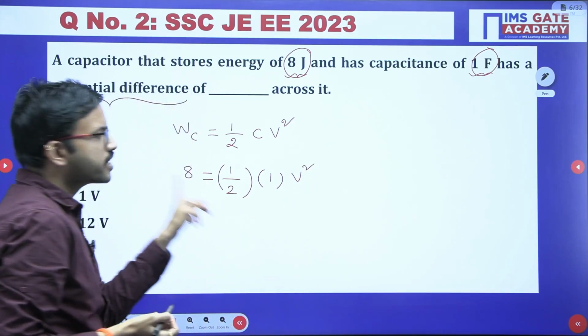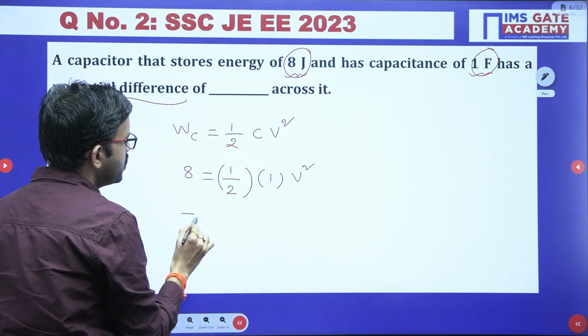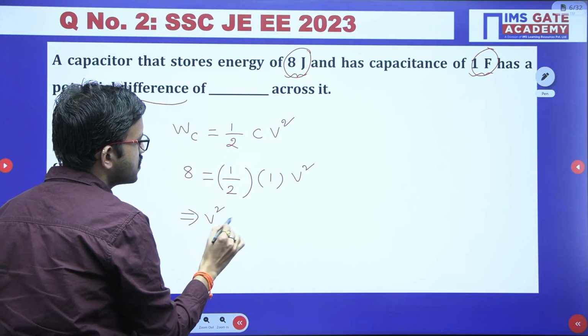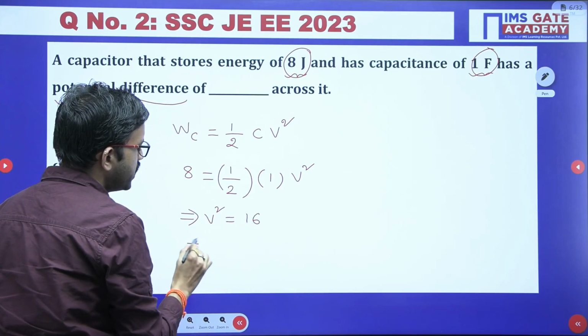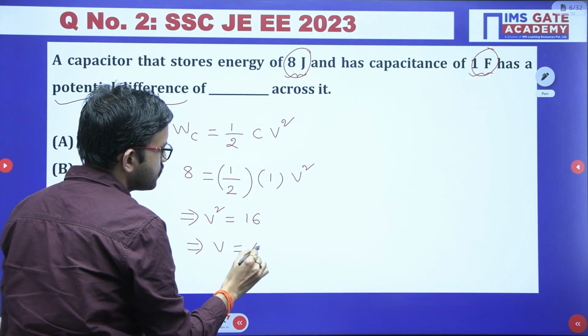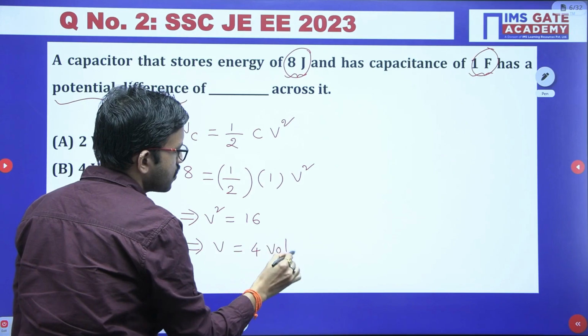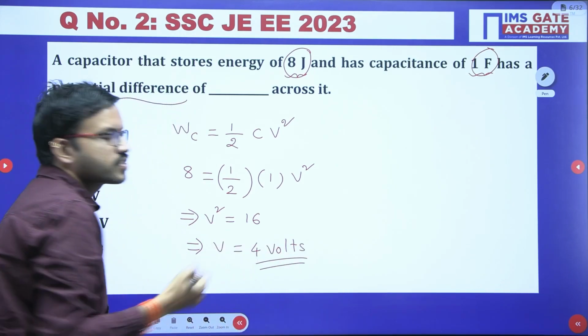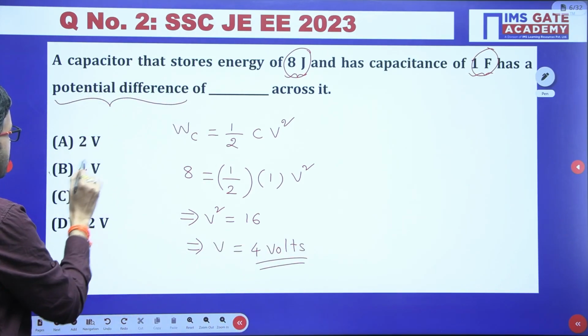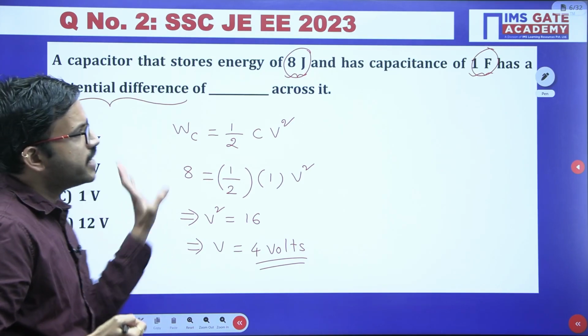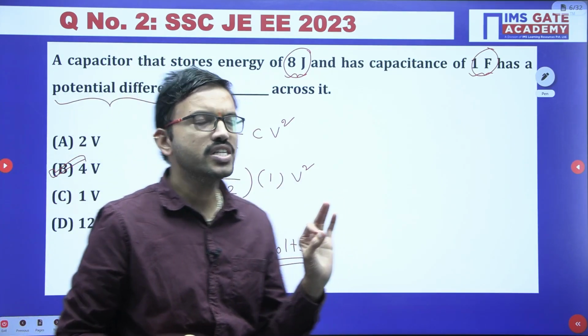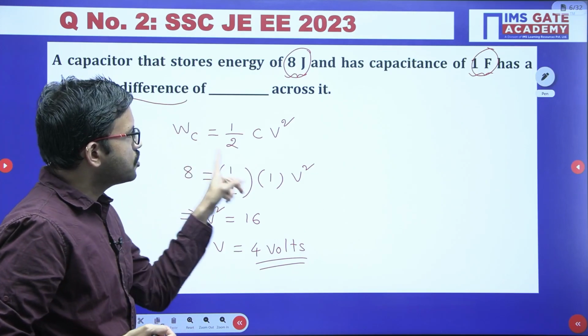Just do the cross multiplication. From here you are getting V square equal to 16. From here you are getting V equal to 4 volts. Right. So that means option B is the correct one. This is a direct formula based question, energy equal to half CV square.